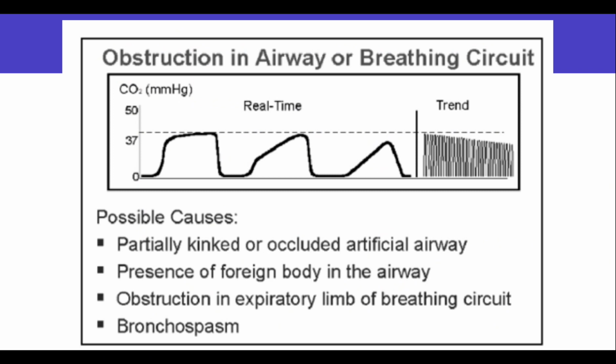So if you have an intubated patient, you have a good waveform and it starts to slope upward, make sure you don't have a kink, make sure it's not displaced. And then obviously the presence of a foreign body will create a triangular looking waveform, and then acute bronchospasms, which we talked about earlier.